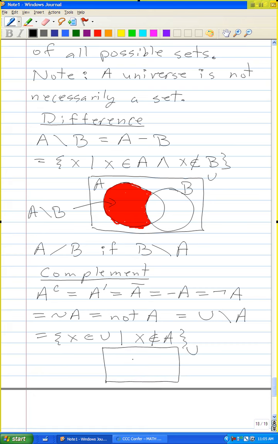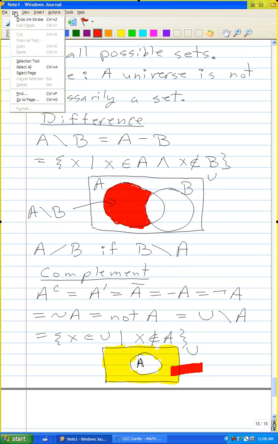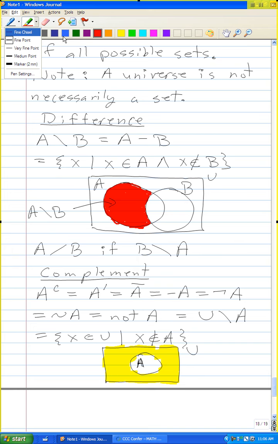So let's say this is the universe, and let's say this is A. Then all this stuff out here is the complement. Oops, forgot to change the pen size.